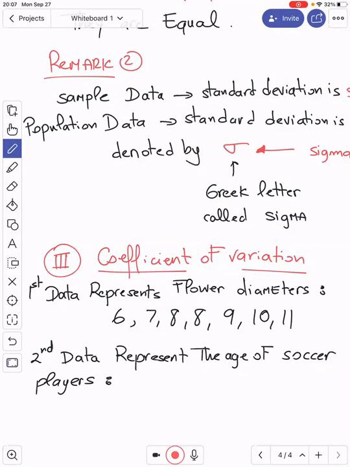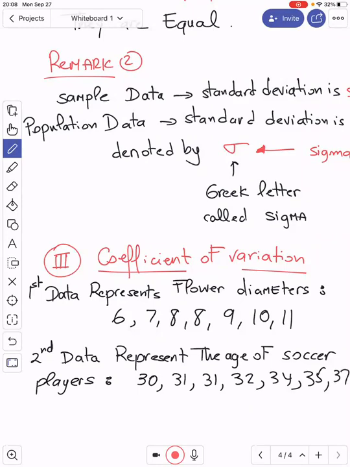So let's say you have 30, and then 31, 31. Fourth player, let's say he's 32 years old. Next player, he's 34 years old, and so on. Then 35, and then 37.